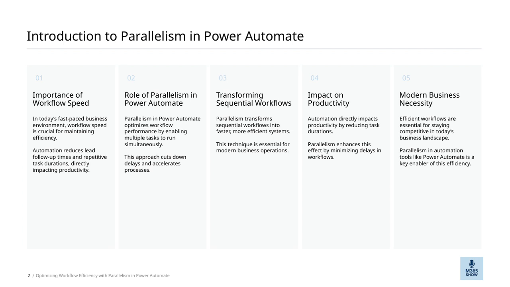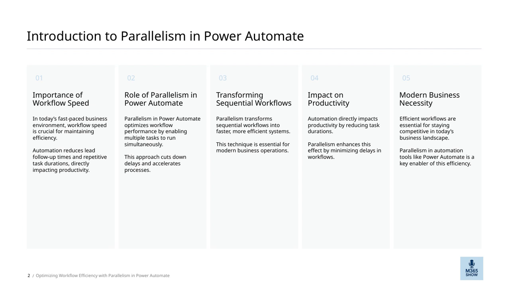Parallelism takes this a step further by minimizing delays, allowing multiple tasks to run at the same time. This transforms our workflows from simple, sequential processes into faster, more efficient systems. By enabling tasks to happen simultaneously, parallelism truly becomes a vital technique for modern business operations.